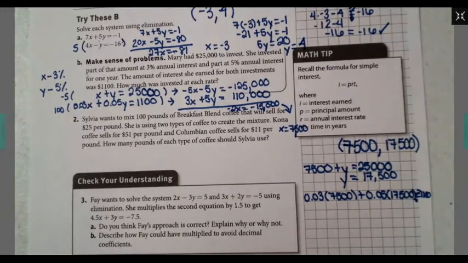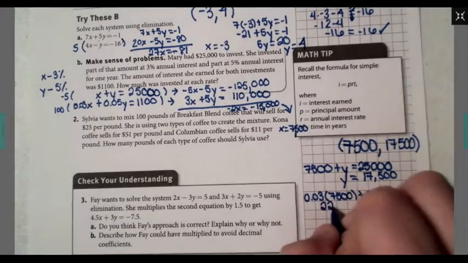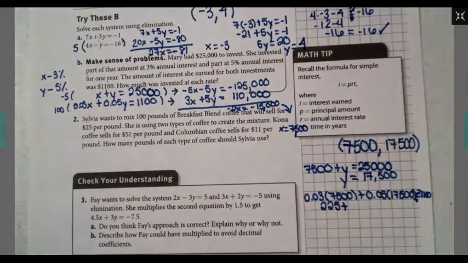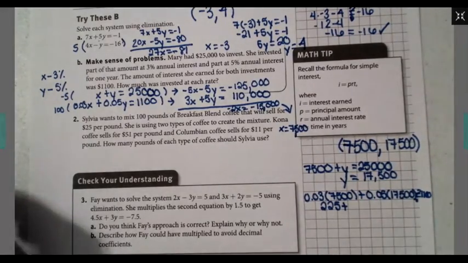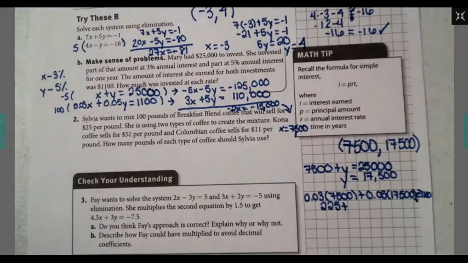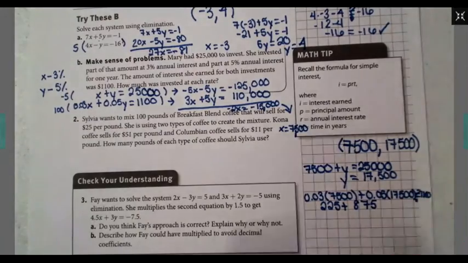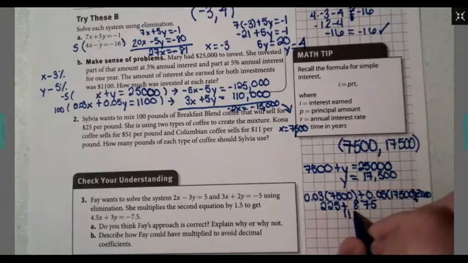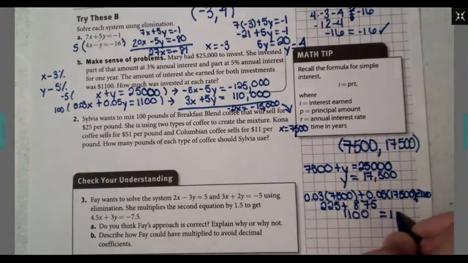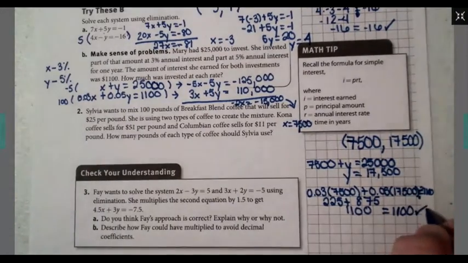We're questioning that. 0.03 times 7,500 is $225. 0.05 times 17,500 equals 875. 875 plus 225 equals 1,100, which does equal the number we were looking for.